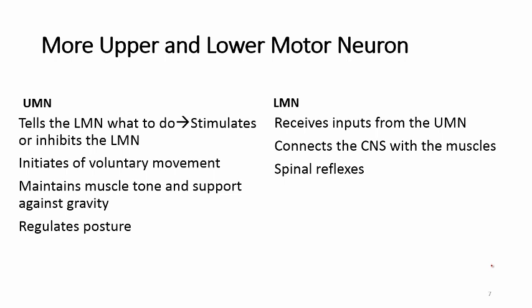So let's summarize this in a way that might be easier to understand. You need to think about the upper motor neuron as telling the lower motor neuron what to do. It stimulates or it inhibits the lower motor neuron. I like to think about the upper class as having servants.